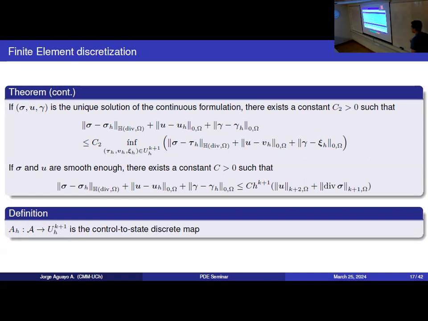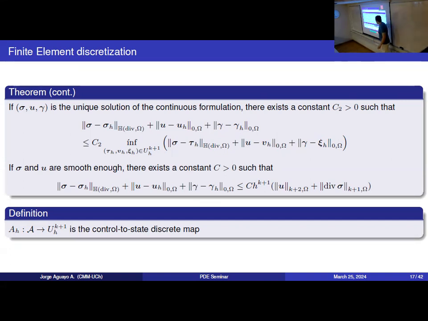And the convergence result depends on the degree of the spaces. For example, if I use BDM with degree equal to 1 and just a constant discontinuous Galerkin space for the displacement and the rotational, we can take convergence with k equal to 0.